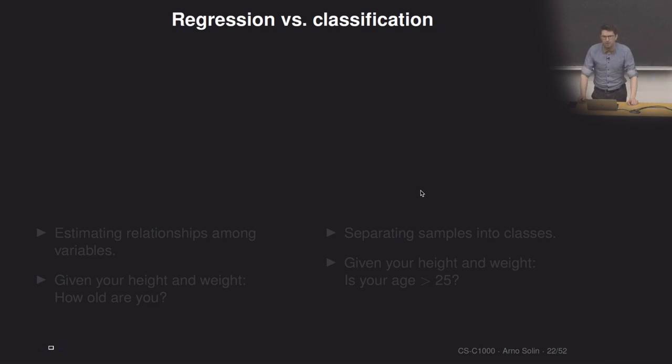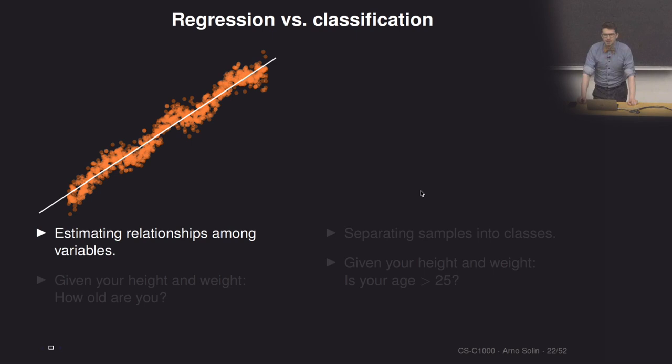It's worth also to mention this basic division between regression and classification. So in regression, we are typically interested in estimating relationships between variables. That there's some relationship: when I change the inputs, how do the outputs change? For example here, this model explains that when I move this way along the input dimension, the output dimension moves this way.